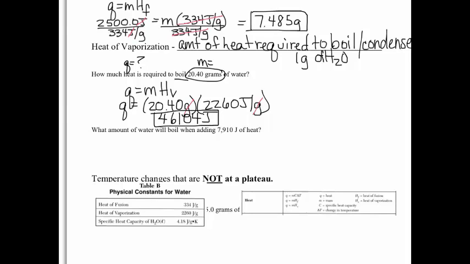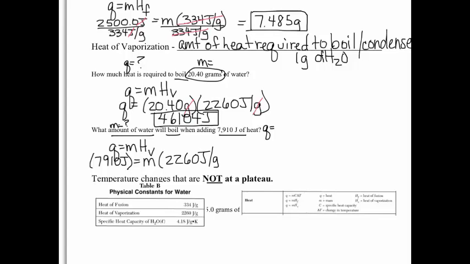All right, next one. They want to know the amount of water, so we're looking for M. We're boiling, so once again, that upper plateau where we use the equation Q is equal to MHV, and they've given us our heat, which is Q. So we plug those numbers in: 7910 joules is equal to, we're looking for M, HV is this constant again, 2,260 joules per gram.